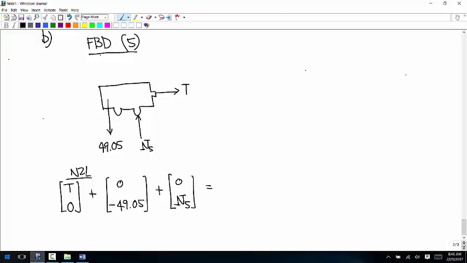What's that? 5. Times the acceleration of what we're isolating. What's that? That's what we just solved for. Yep. 2.857, 0.